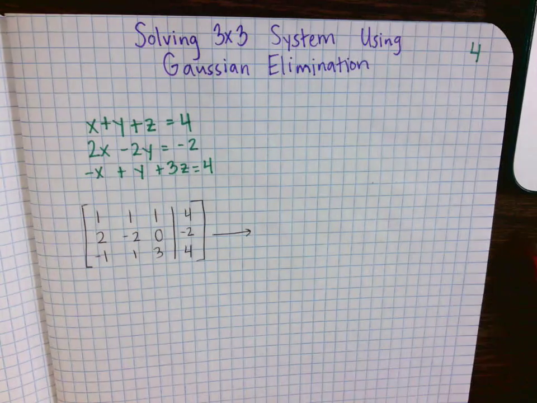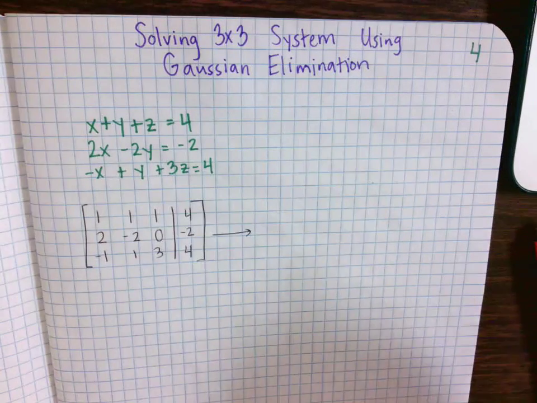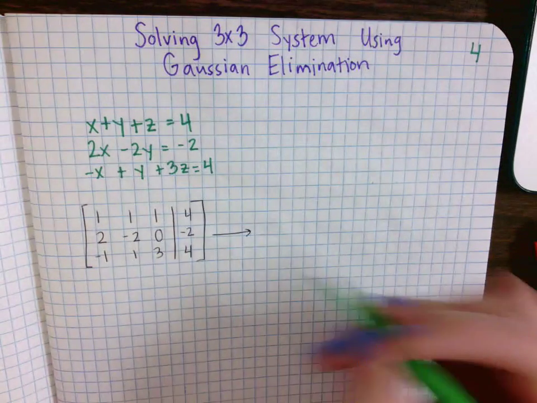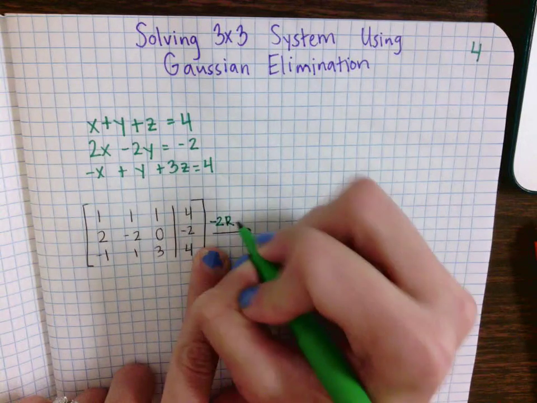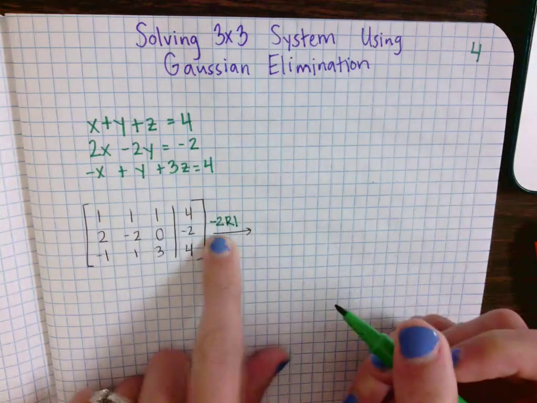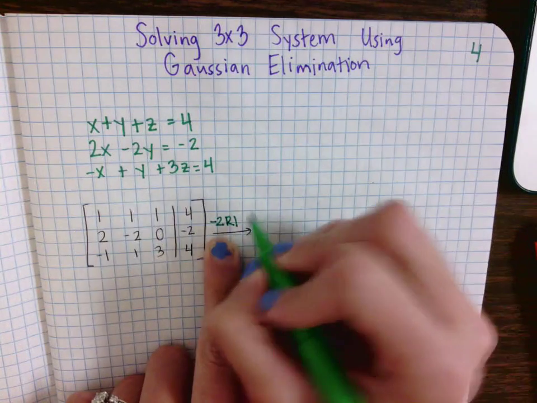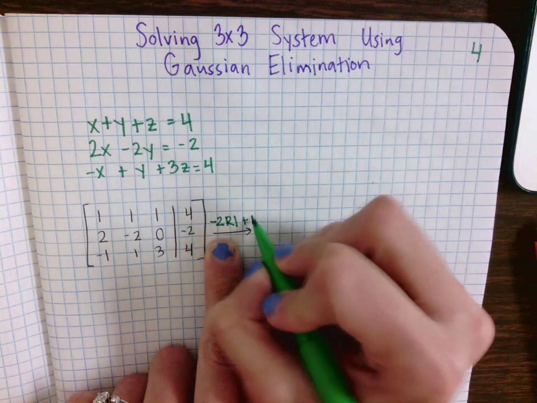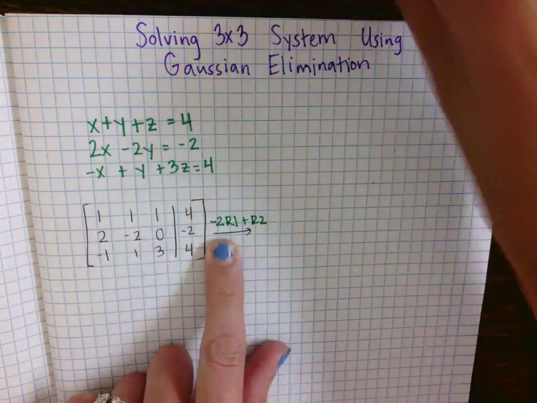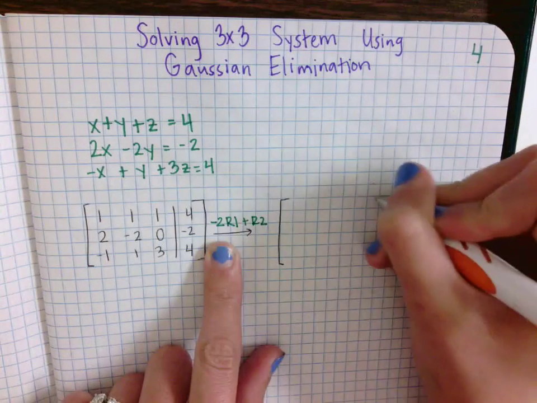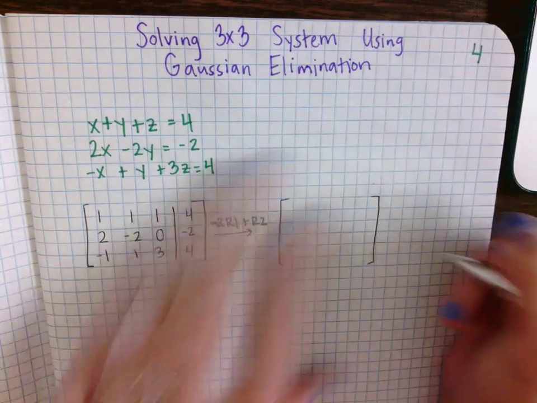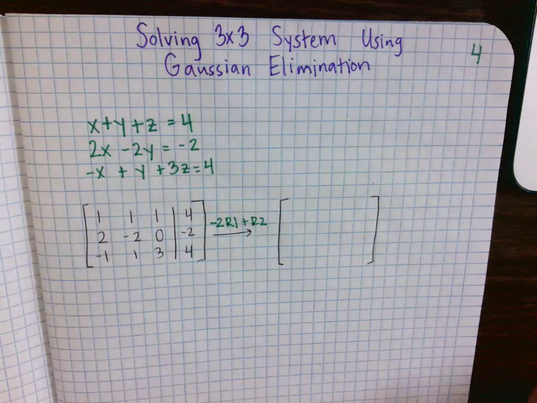For this first one, you're going to multiply row 1 by negative 2, then add it to row 2. Essentially you're doing this all in one step, whereas normally you would do it one at a time.